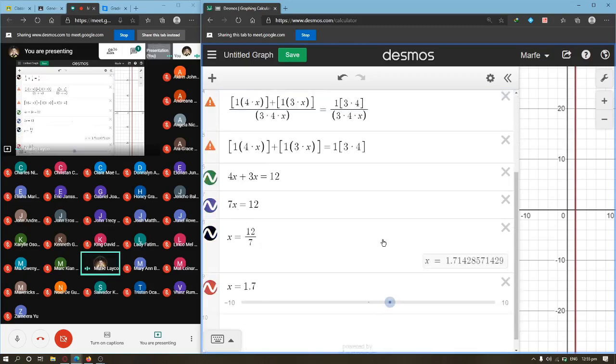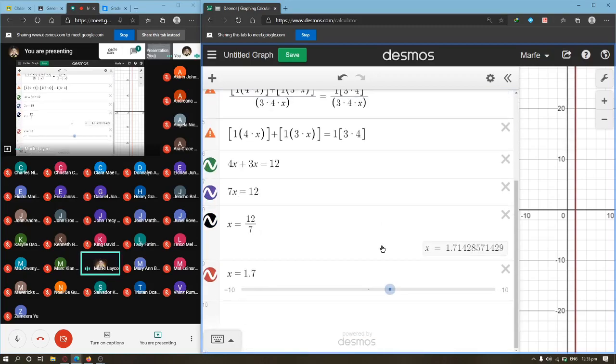So, sa fraction yon. Any question about that? Maliban dun sa tinanong kanina, wala na? Malinaw sa atin yung rational equation, kung paano hinahanap yung value ng x when it comes to rational equation. Okay na?